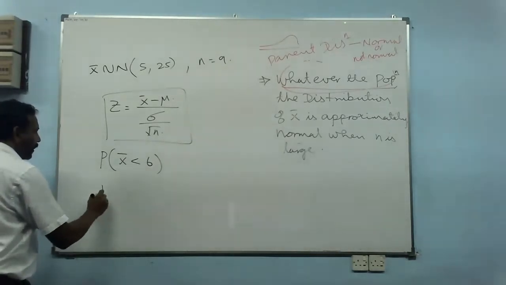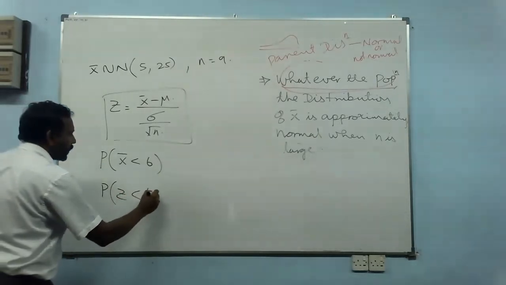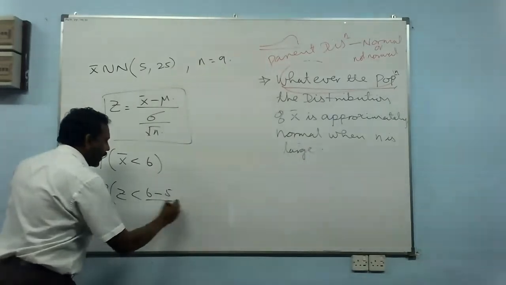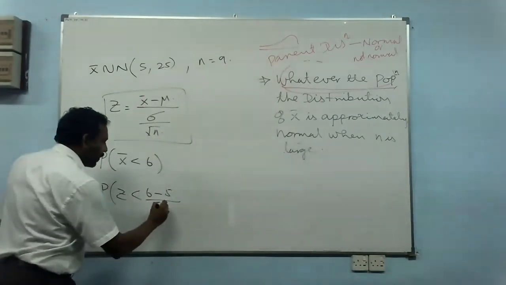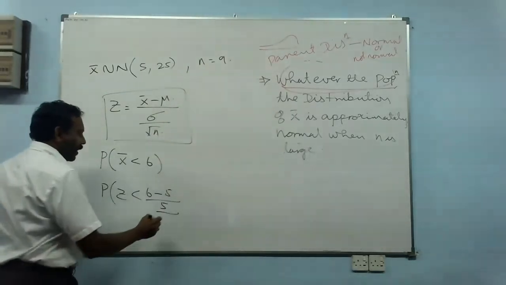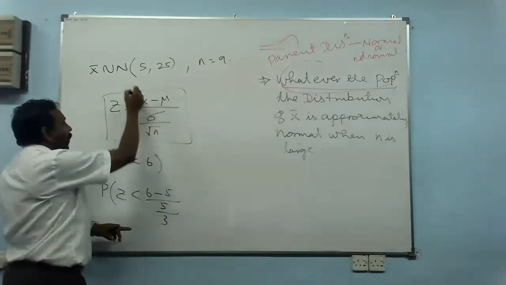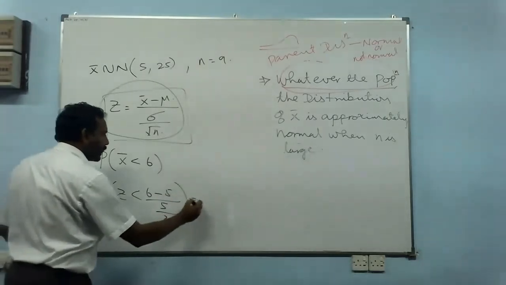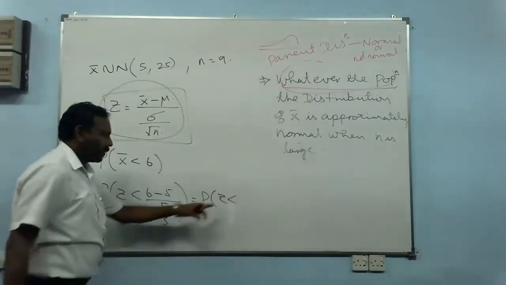If you convert that, this will become Z less than 6 minus, what is your mu? It is 5, divided by, what is sigma? Sigma is 5, divided by square root of n. What is square root of n? 3. Apply this formula. So get me the answer, the probability of Z less than some value.